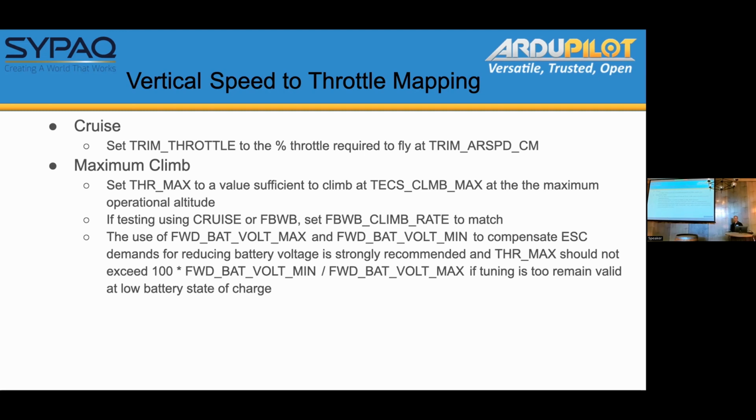Now, I didn't want to talk about voltage compensation, not in detail, but if you're measuring battery voltage and you're not compensating for it, then the question is why not? Because as the battery reduces and reduces, you can end up with a situation where there isn't sufficient throttle to maintain your maximum airspeed, or the airspeed will start to get lower and lower during a climb, and it'll have to compensate by using the integrator in the control loop.